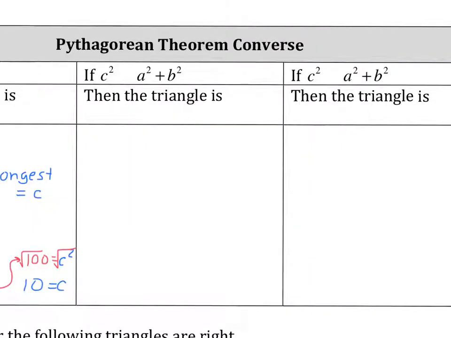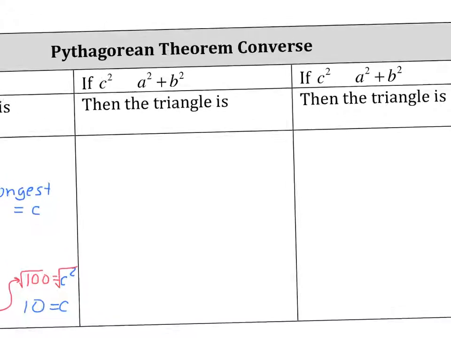So here we are. There are two other aspects to the Pythagorean Theorem Converse. Not only can we tell that the triangle is a right triangle, but if it's not a right triangle, we have other classifications we can do. So let's take a gander at this first one.